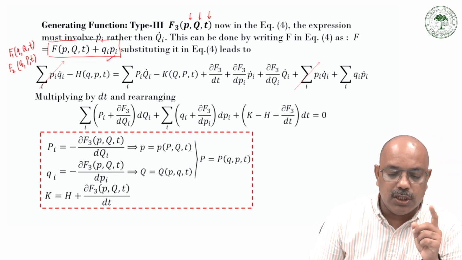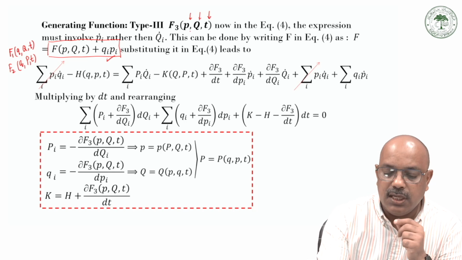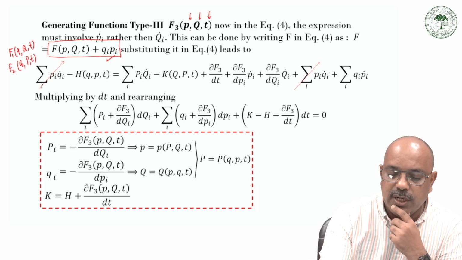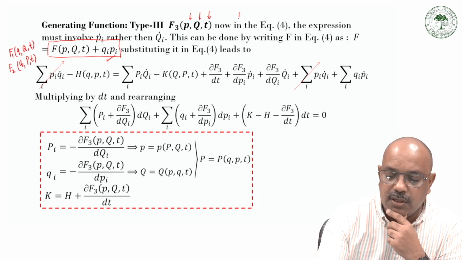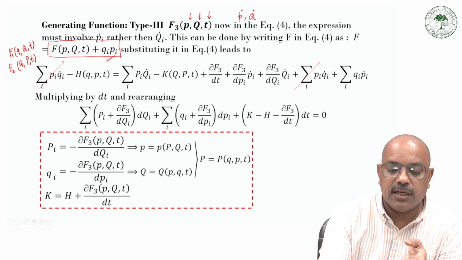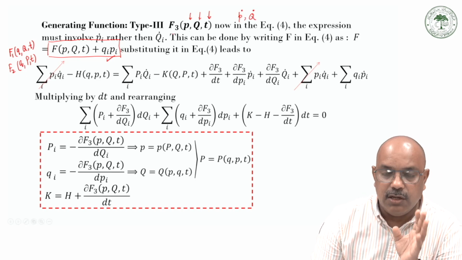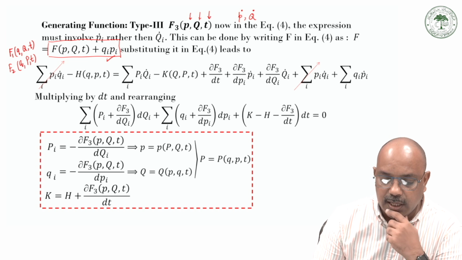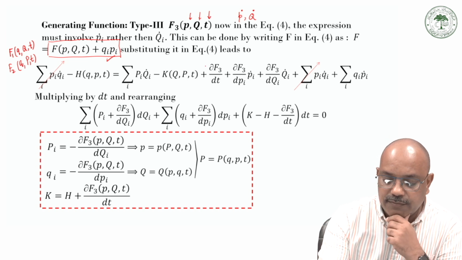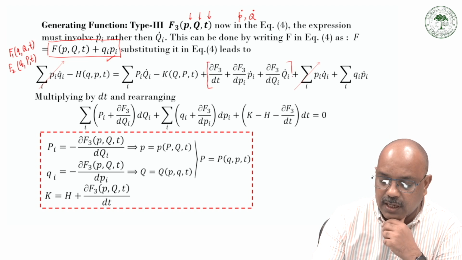Why am I adding small q and p here? Because if you see this equation, I'm going to get p dot and q dot. So if I take the time derivative of this, because in the equation you have a time derivative, I have my time derivative, that is df3 by dt.